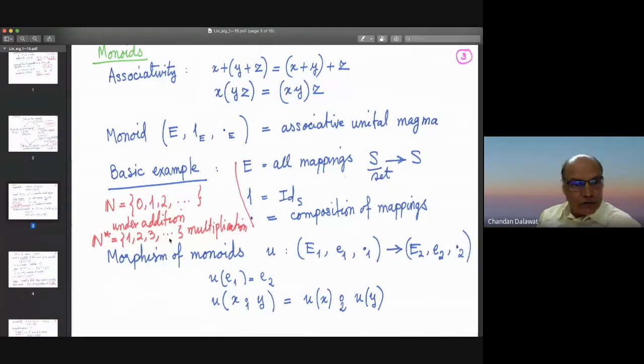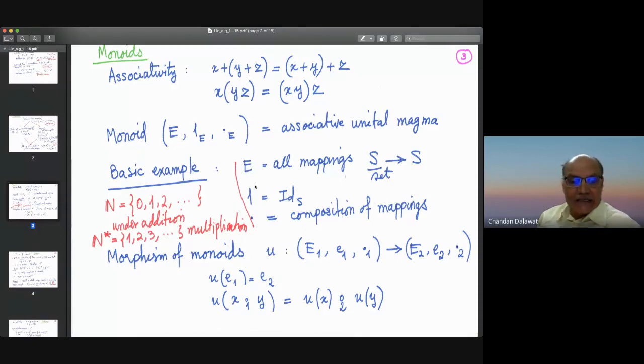Well, exactly. So it's a nice exercise to show that given any monoid E and an element little x of E, there is a unique morphism from this monoid N to that monoid E, taking this 1 to that x.